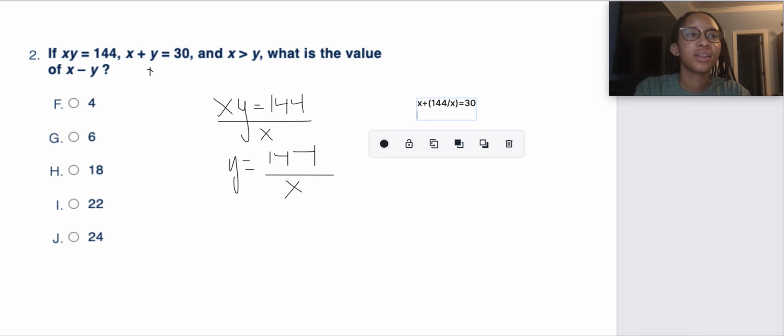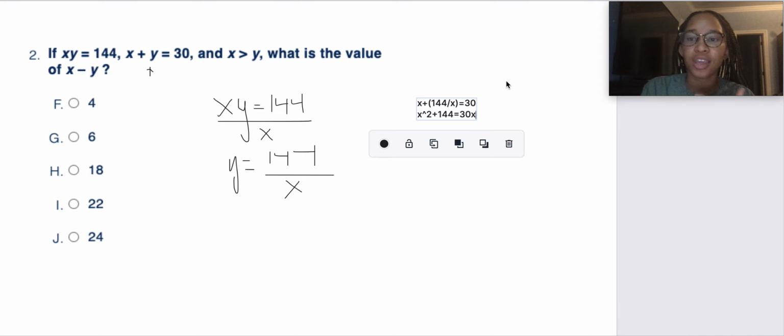And then I would multiply each side by x. So then that would give us x squared plus 144 equals 30x.